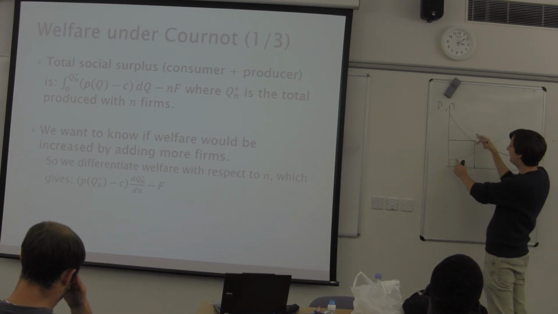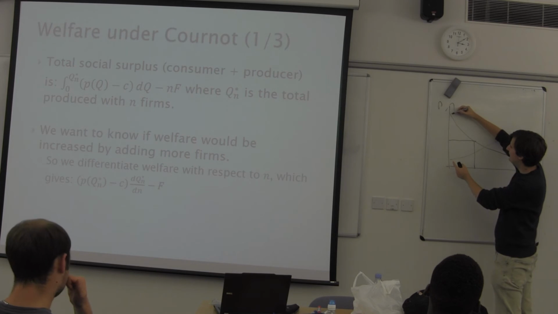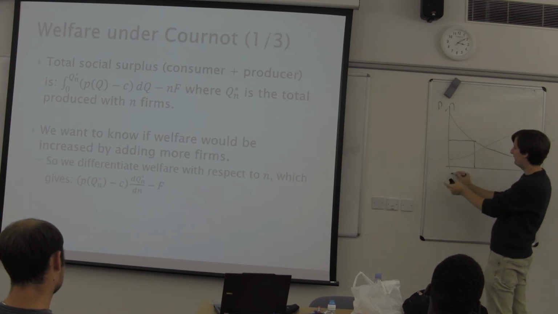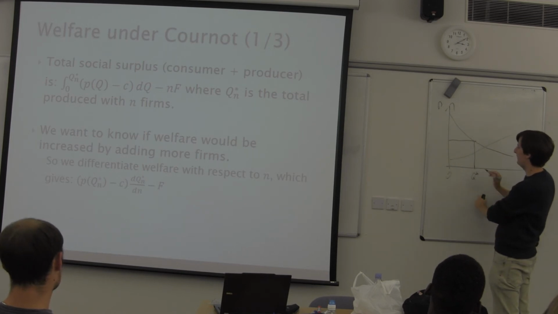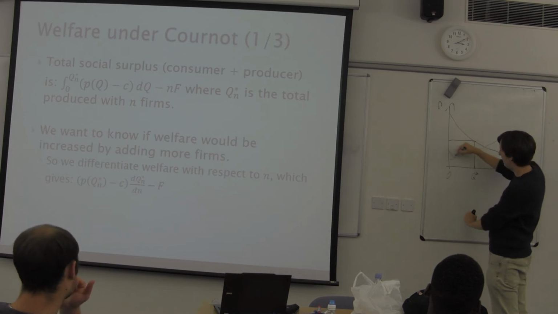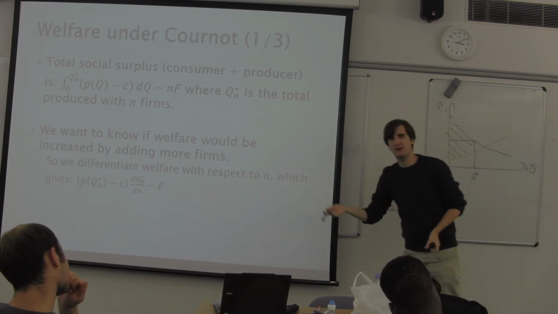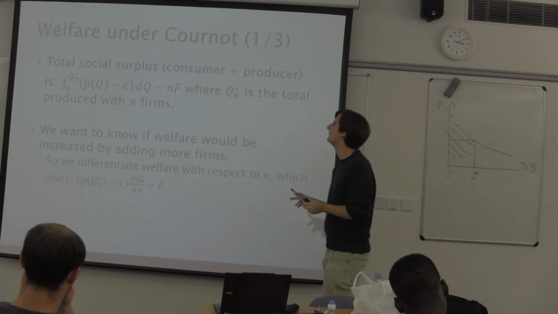Okay, so total social surplus is the integral of the difference between the demand curve and the marginal cost curve for quantities from naught up to the quantity that's being produced. Okay, so total surplus is all of this. And when we look at welfare, we always care about total surplus, not one or the other.